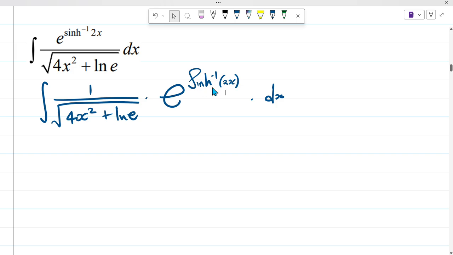You understand? When we check the exponent there, it's hyperbolic sine inverse of 2x. So we check that this exponential function is multiplied by the derivative of the exponent before we make any conclusion. So we need to make sure that this one is the derivative of the exponent.